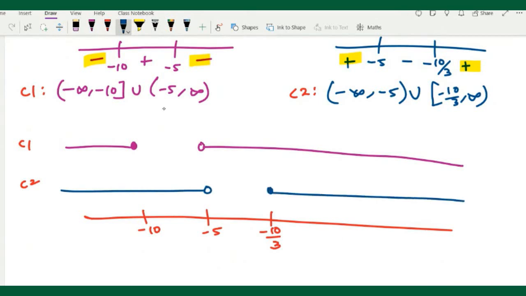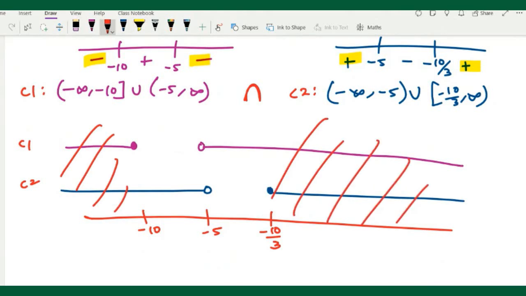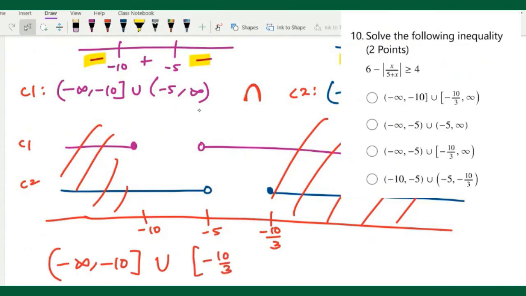Termasuk tak termasuk, semua kena lah. So intersect both cases. Intersection banyak sangat. Okay, so now the answer will be negatif infinity to negatif 10 termasuk, union with negative 10 over 3 to infinity.